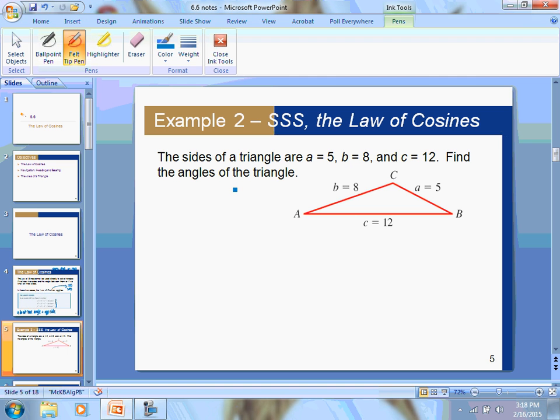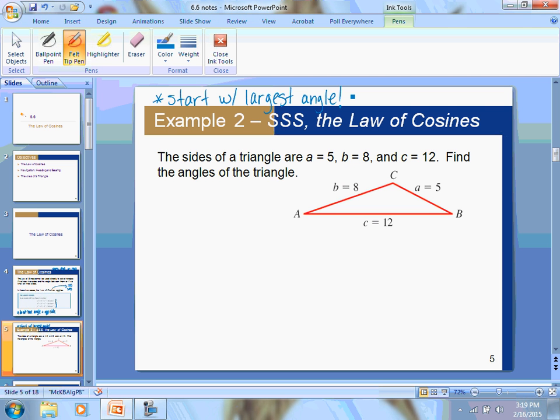Now, when you're dealing with this situation, let me put this up here. You want to start with the largest angle. A lot of times students aren't sure where to start this problem and they just kind of jump right in, but that can create issues later on. So a good rule is to start with the largest angle.